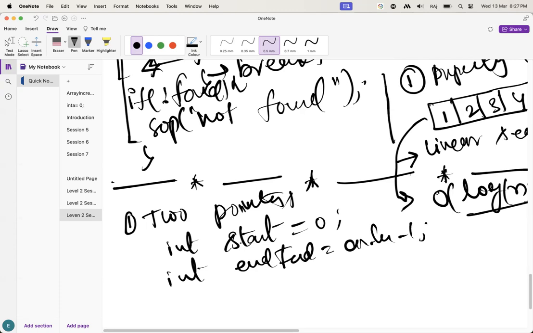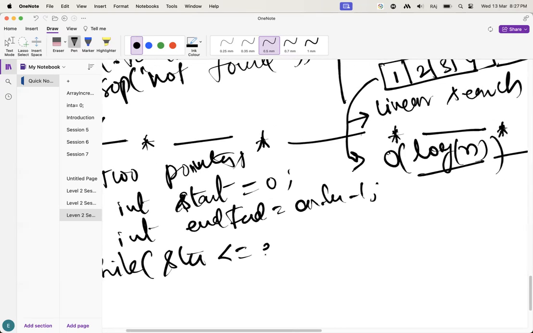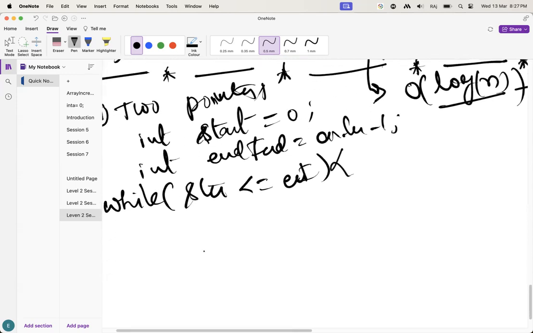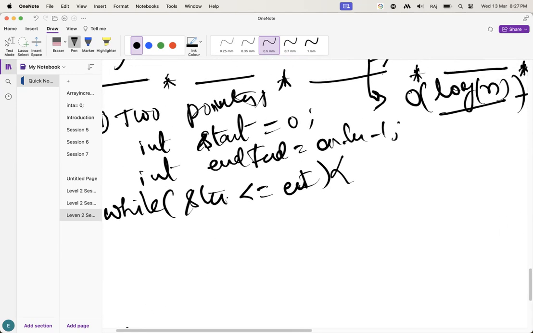Guys, these are the three things: start equal to 0, end index equal to array length minus 1. Then I am going to check whether the start index is less than or equal to the end index. Why, guys, do we have to check? Because we have to traverse from here to here only. Once they meet, there is no need to traverse again.